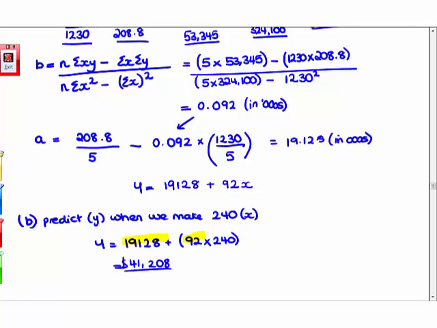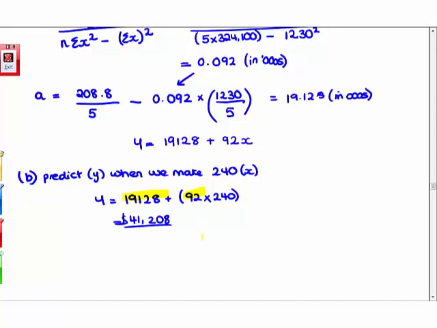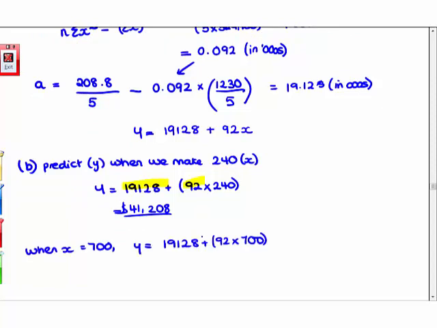What we can do now as well is use it to predict what costs will be when output is 700 units. By plugging the numbers into the formula, we can predict that our costs will be $83,528 if we produced 700 units.